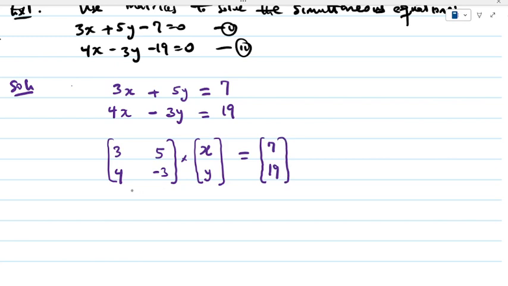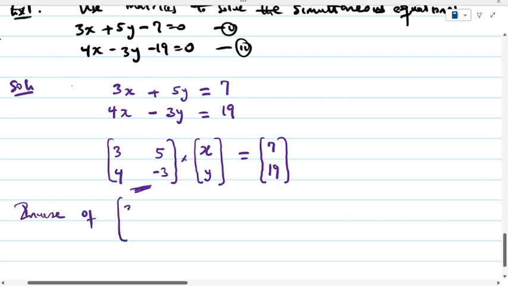So the next step is to find the inverse of the coefficient matrix 3, 4, 5, minus 3.